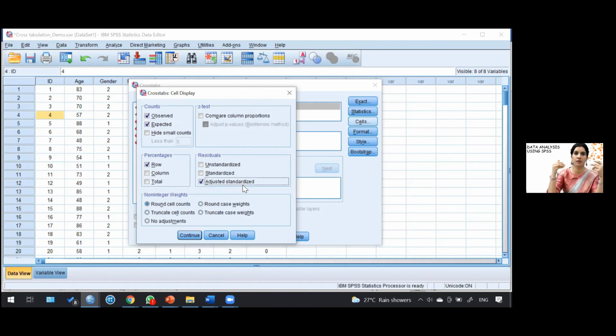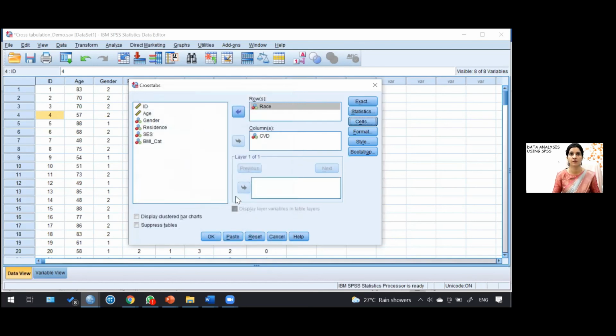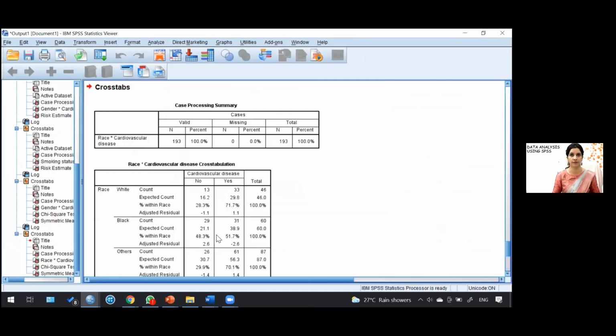Because if you don't click this adjusted standardized, the chi-square tells you the overall significance, but the overall significance is there between which pair, that's the post hoc. So adjusted standardized tells you the post hoc analysis of the two pairs. Okay, once we see the result, it will be more convenient for us. Then click and press OK.